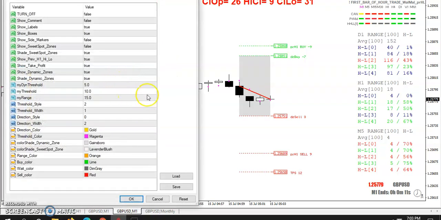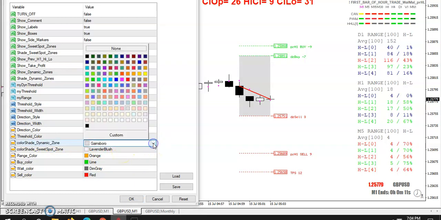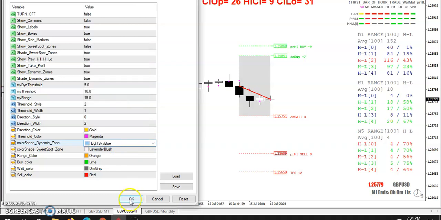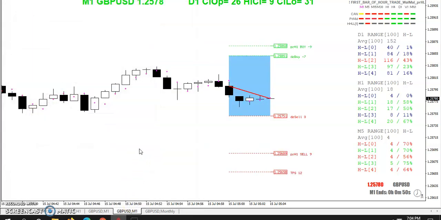And let's see, what else did I put in here? We got the take profit, the sweet spots, the range. Oh, I gave each zone its own color. So you can change the colors here. So if you don't like the gray, maybe you prefer blue, there you go.